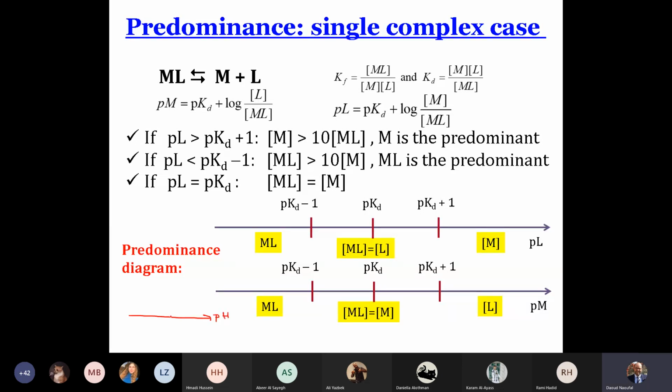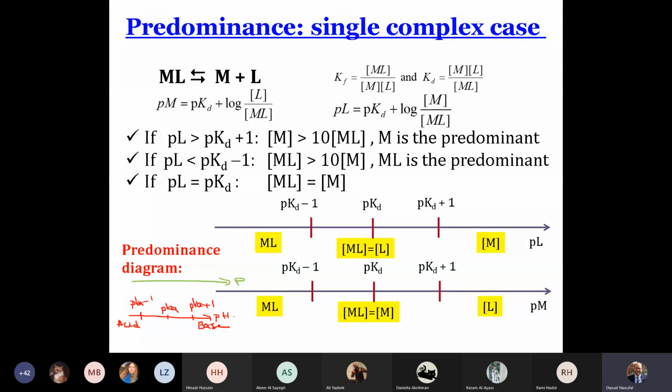acid-base. This is pKa, pKa minus 1, pKa plus 1. Here we have the base, and below pKa minus 1, we have the acid. So I will do the same analogy. I make a scale of p.